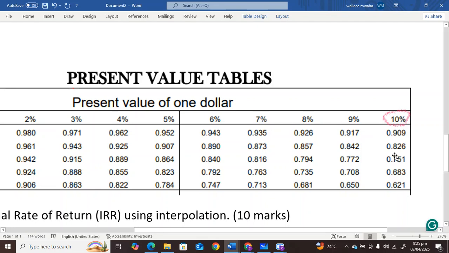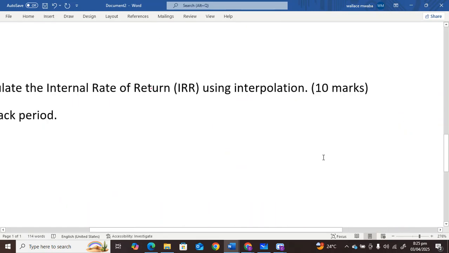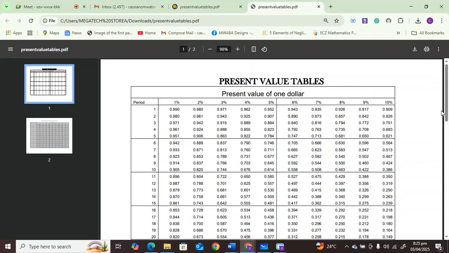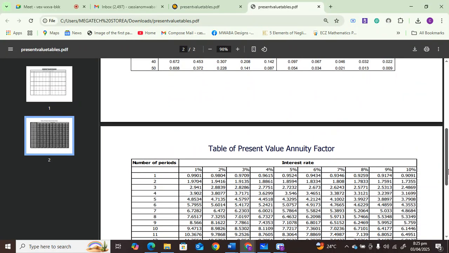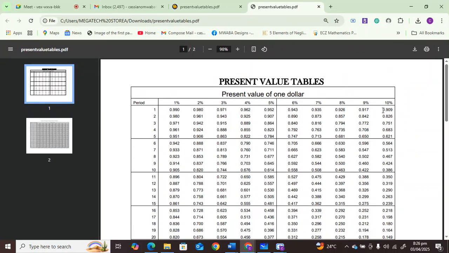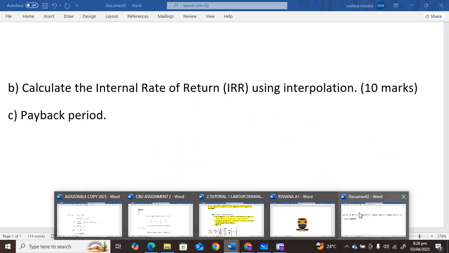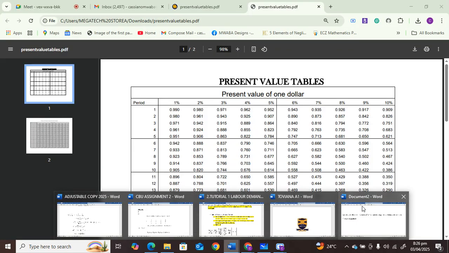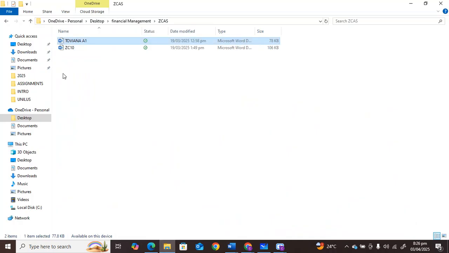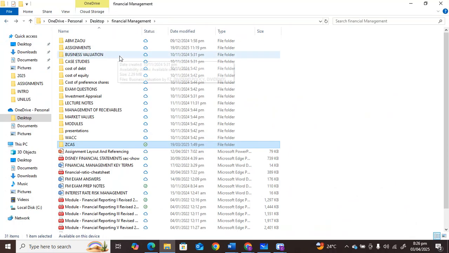Year 2, discount factor here, 0.826. Oh wait, I'm using 10%, not 12%. This table doesn't have 12%. Okay, we'll just have to do it manually then, because this table ends only on 10%. Let me see if I've got a table with 12%.